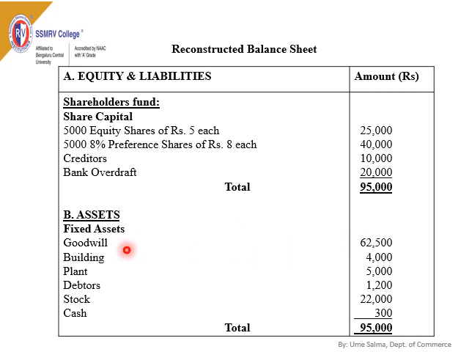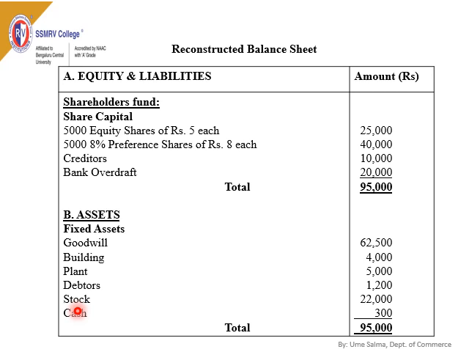Now building 4,000, same figure extracted from the balance sheet as there is no alteration or adjustment made. Now plant 5,000, debtors shown the same as 1,200 and stock is also shown at the full figure 22,000 as this item doesn't have any kind of rearrangement.